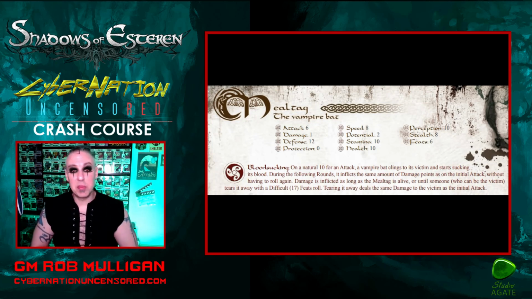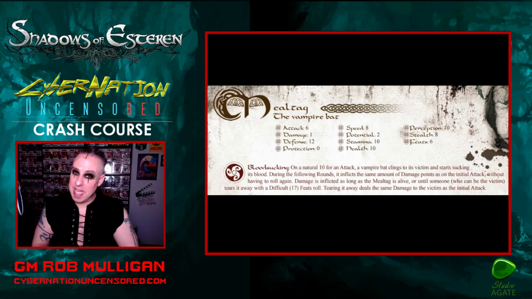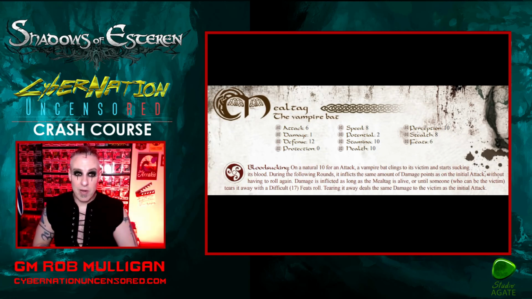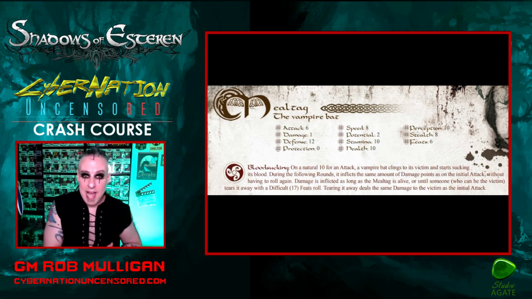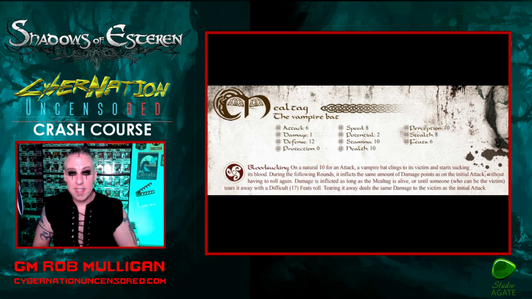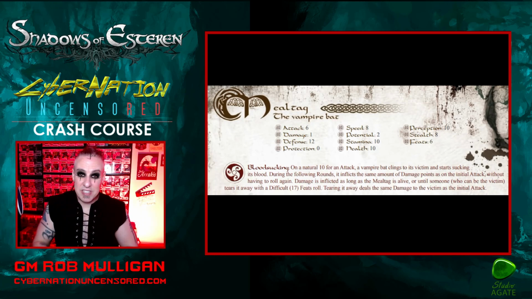Basically, their special thing is blood sucking. On a natural 10 for an attack, a vampire bat clings to its victim and starts sucking its blood, and this is brutal. Look how it clings, and that's very difficult to get off. During the following rounds, it inflicts the same amount of damage points as on the initial attack without having to roll again. Damage is inflicted as long as the meal tag is alive or until someone, who can also be the victim, tears it away, which requires a difficulty 17 feats roll.